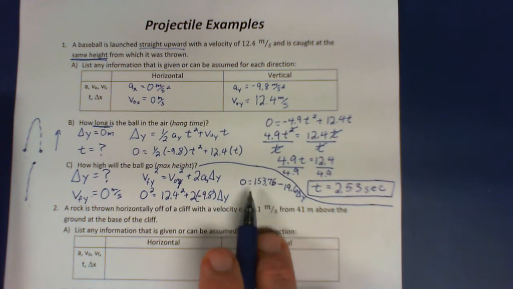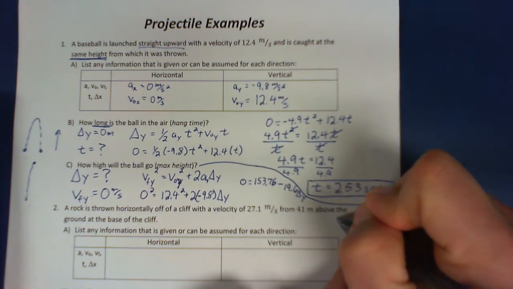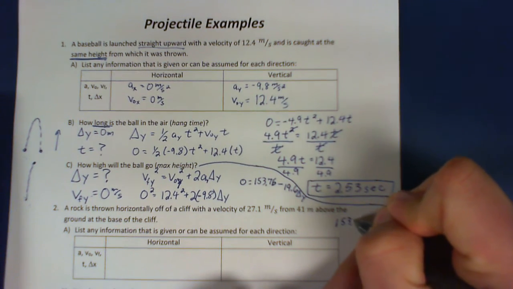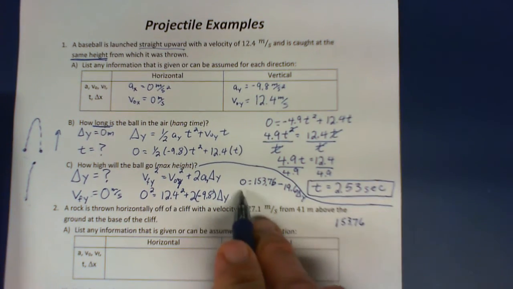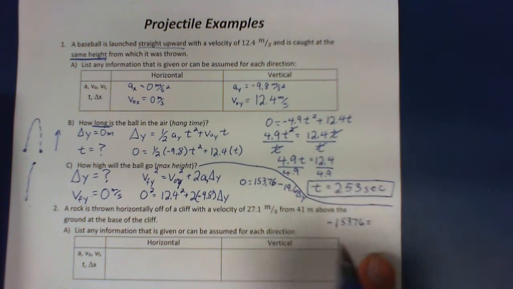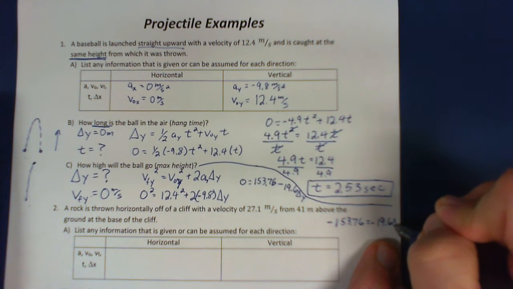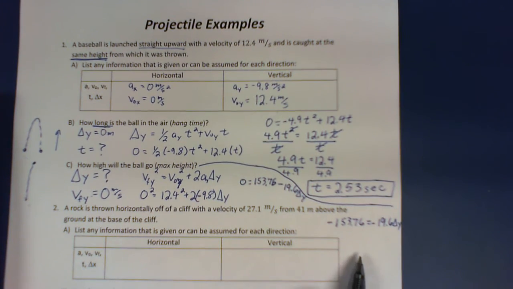All right, now bring this 153.76, we bring that to the other side. So I'm going to actually come over here. Take that 153.76 to the other side. It becomes negative. And then that's going to be equal to what's left on this side, and that's negative 19.6 times the displacement.